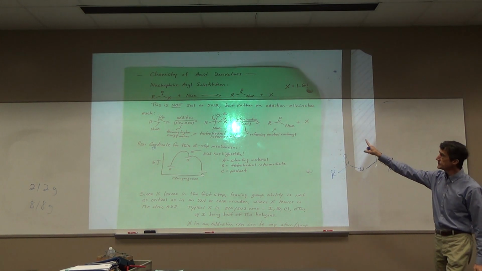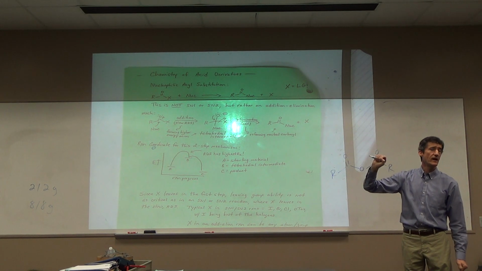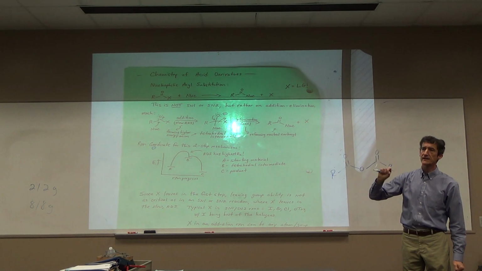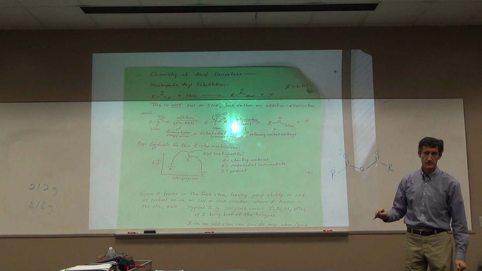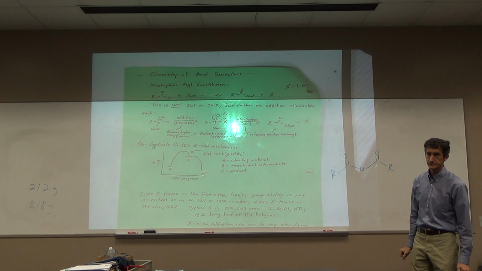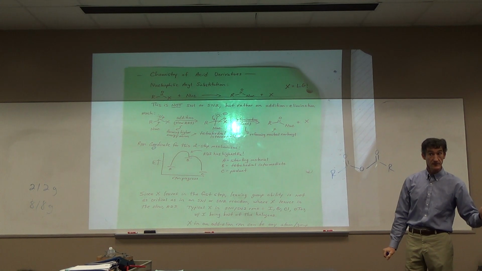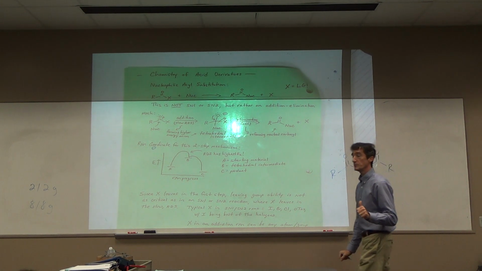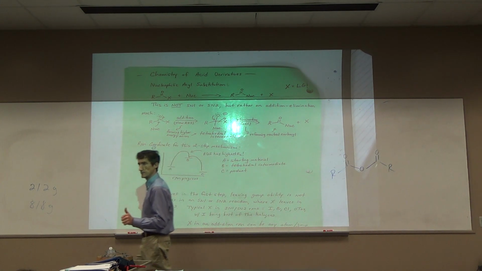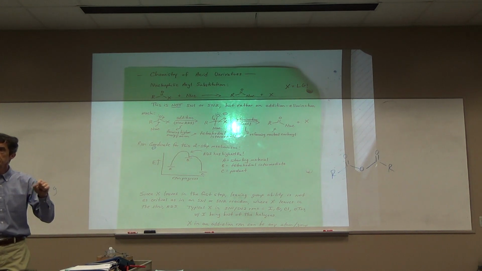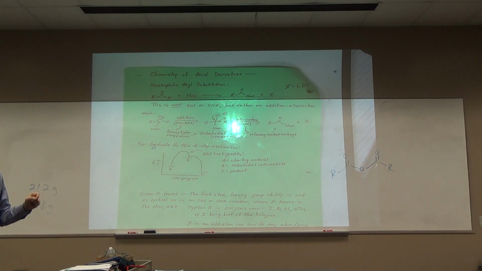Nucleophilic acyl substitution is a lot like nucleophilic aromatic substitution. When we did that, NAS, aromatic substitution, not acyl, what was the requirement for the leaving group to be substituted? It needs to have an electron withdrawing group.